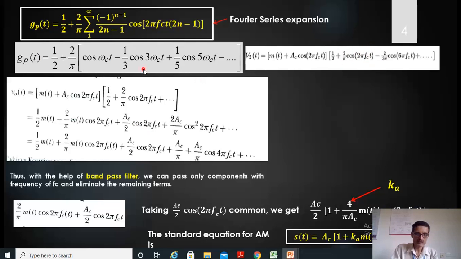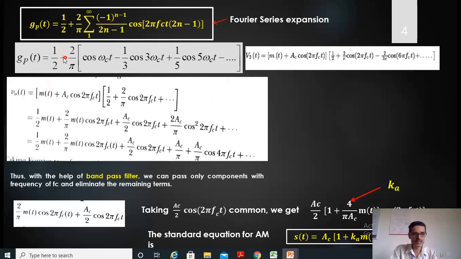Now, considering only the two terms, V1 of t multiplied with half and 2 by pi cos omega c t. The extra terms, whatever I had up to infinity, I call the higher order harmonics. So I will neglect all the higher order harmonics in the derivation.